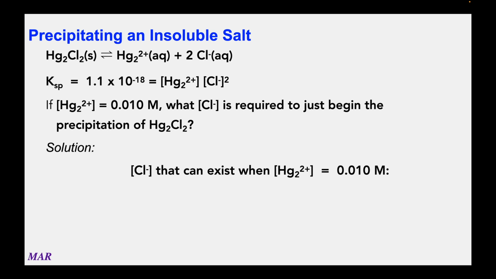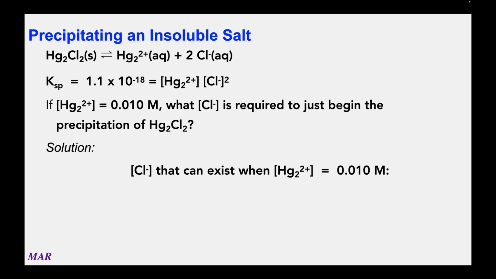So we're going to use the fact that the KSP, 1.1 times 10 to the minus 18th, equals the mercury ion concentration times the chloride ion concentration squared. And our mercury concentration is apparently 0.010. So if you put that 0.010 in for the mercury, you're going to solve for chloride ion. We'll take the square root to get rid of the chloride squared.